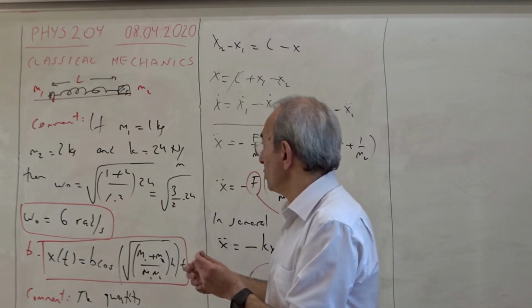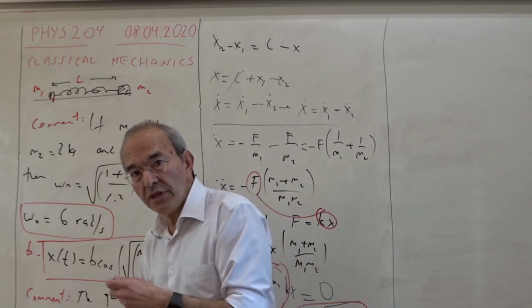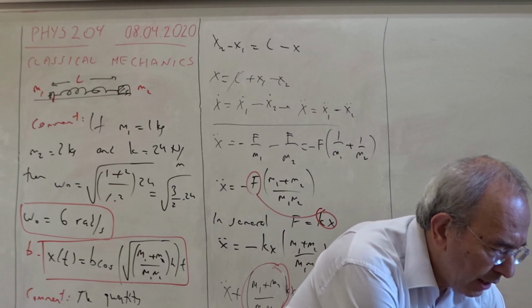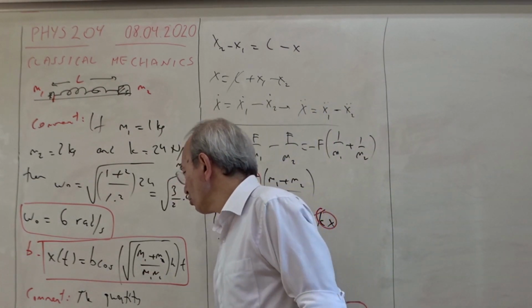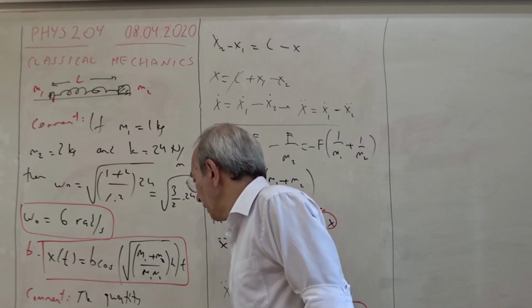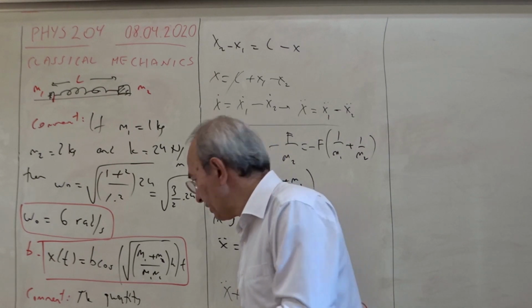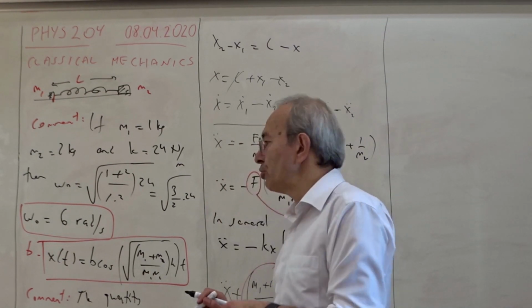That omega 0 is what we have found here. But we can immediately understand that this is also the same as a spring with the same force constant K, just like this one, but with a certain mass here. This mass is called the reduced mass.